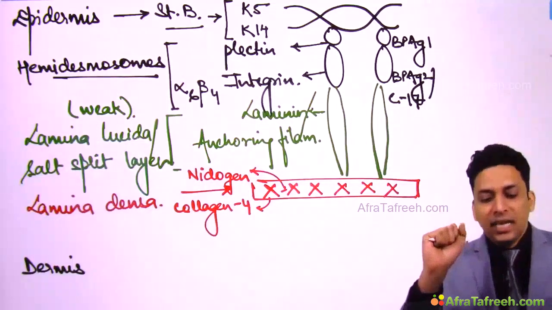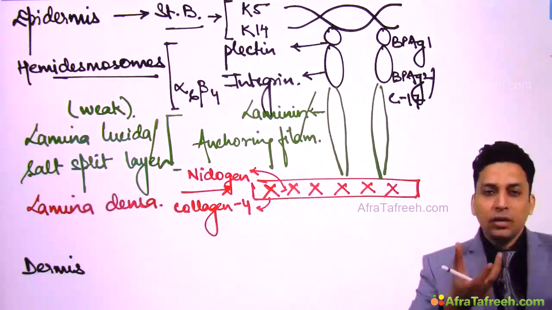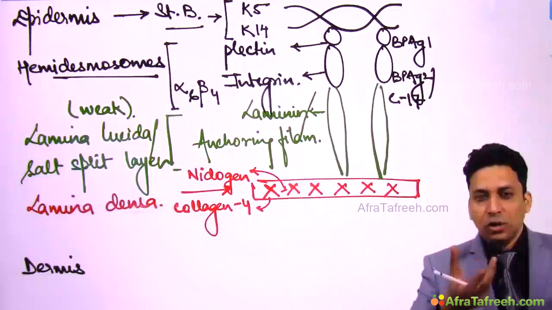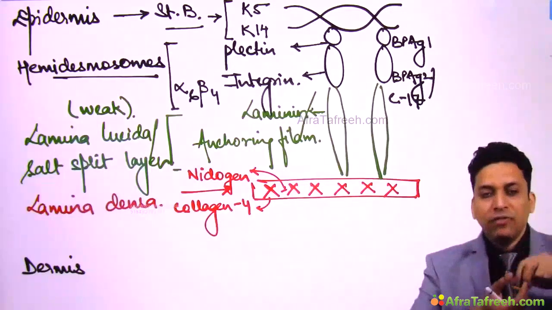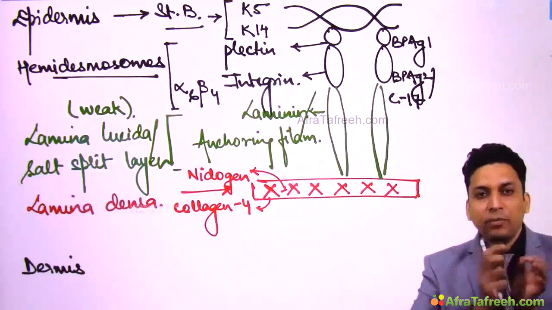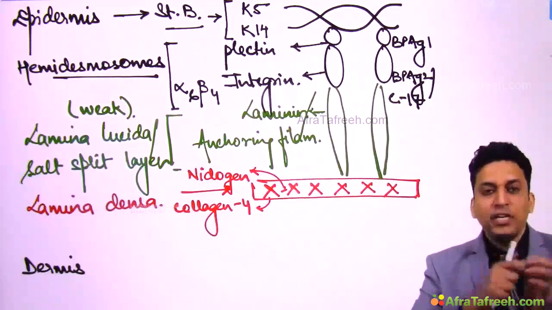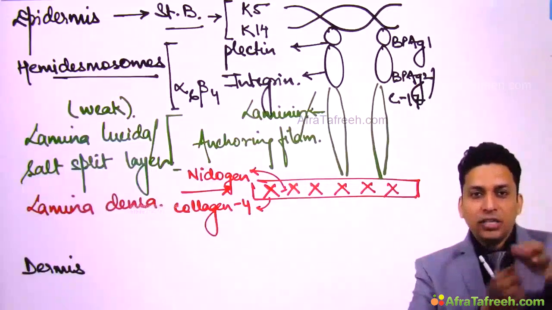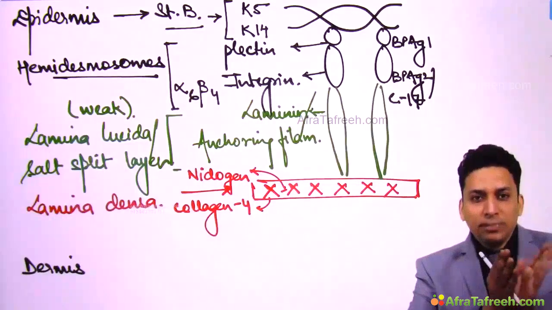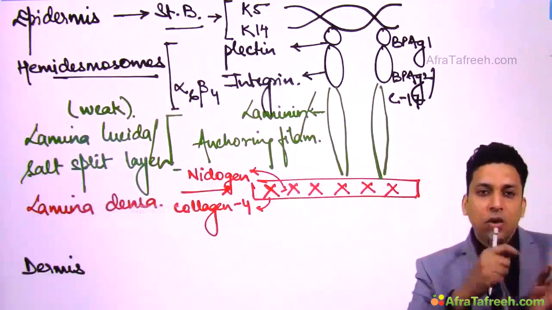The reason is that if you take 1 molar normal saline solution, that is a salt solution, and take the section of skin and keep it in this solution, you will find that the skin starts separating from its weakest point. And what is that weakest point? This lamina lucida. And because when we keep the skin in salt, it starts separating or splits from here, this layer is known as salt split layer.